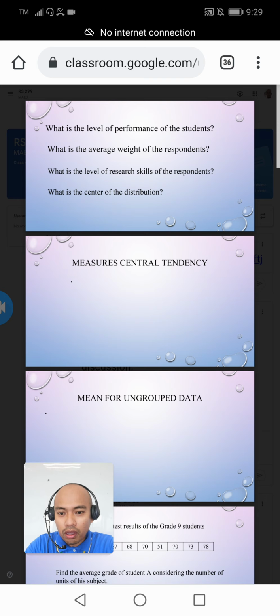I think it will be held this coming April, second week of April. So we are rushing to work on it, and hopefully we will pass the level 4 phase 2 accreditation of the said two programs.